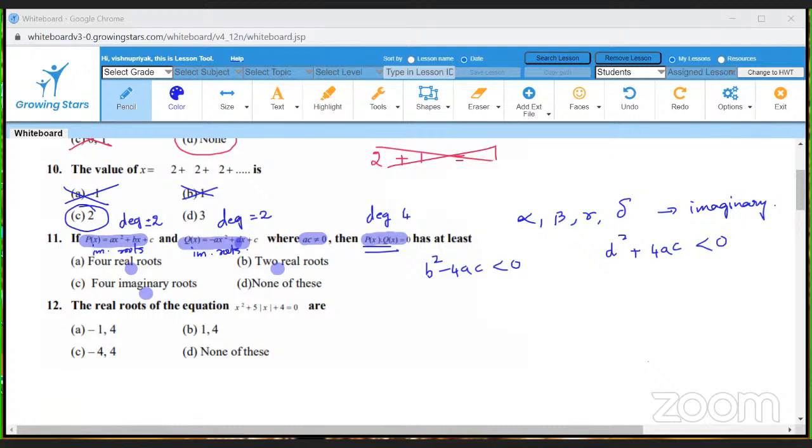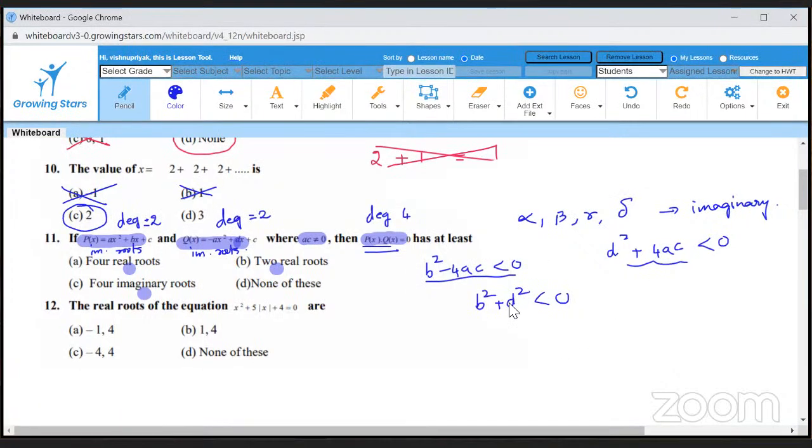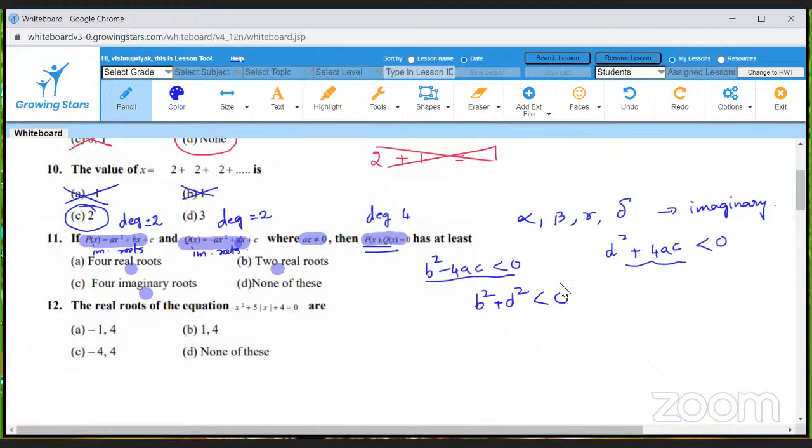Suppose you add these two, b square plus d square, because minus 4ac and plus 4ac will cancel, it must be negative. But how will b square plus d square be negative? Because square is positive, square is positive. Two positives can never give you a negative. So what we thought is wrong. 4 imaginary roots are not possible.